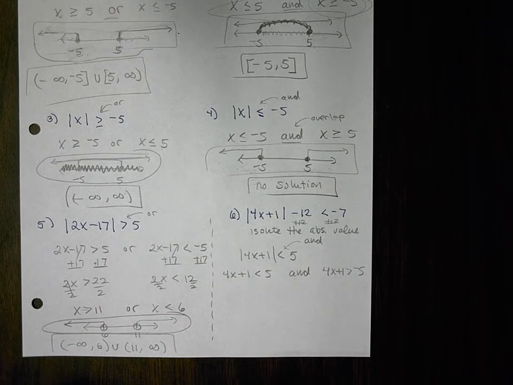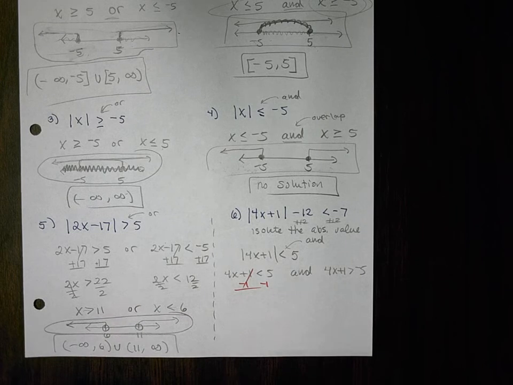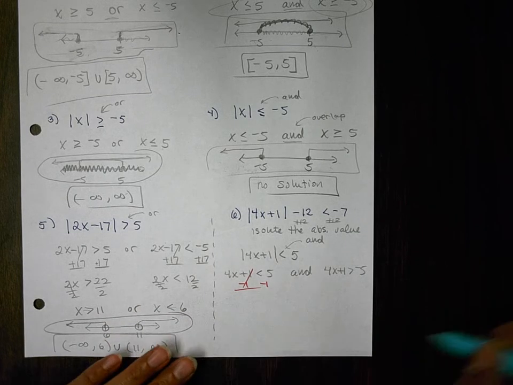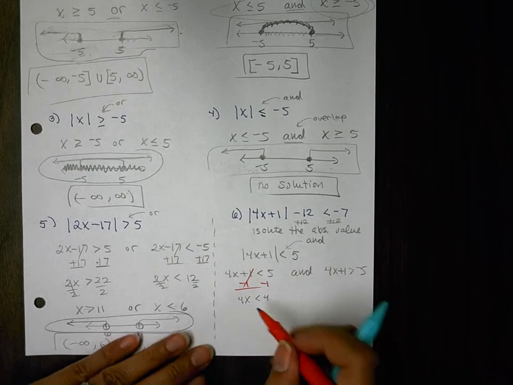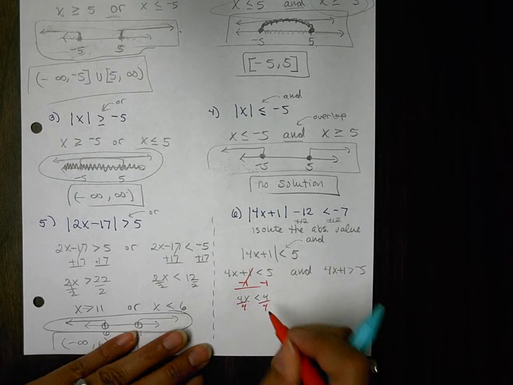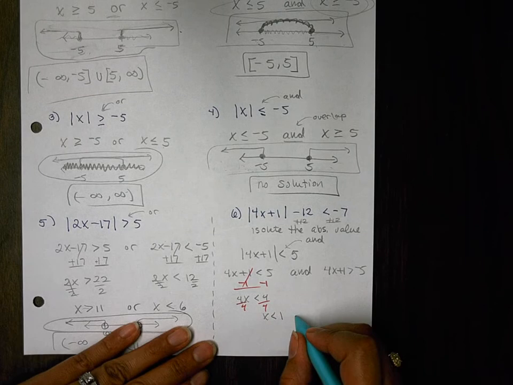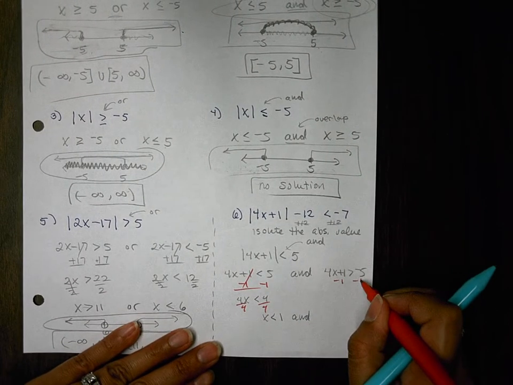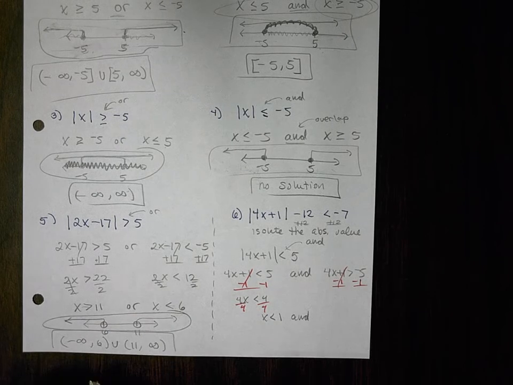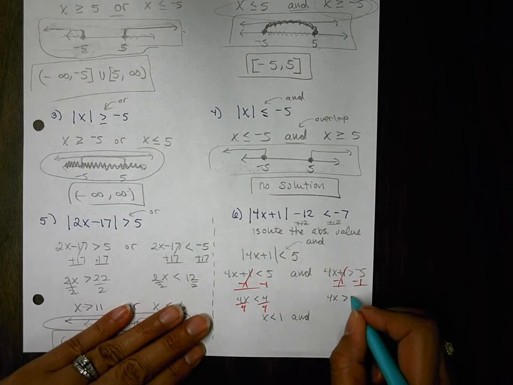All right, you're going to subtract 1, giving you 4x is less than 4. Divide by 4. X is less than 1. And over here we're going to subtract 1. 4x is greater than negative 6.